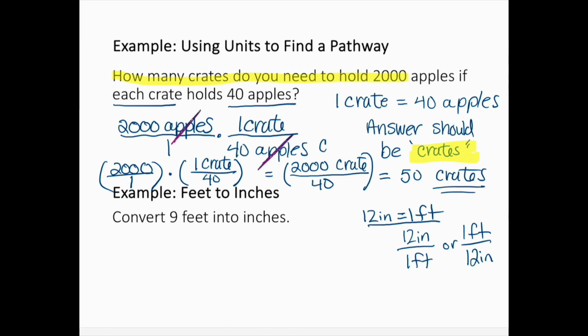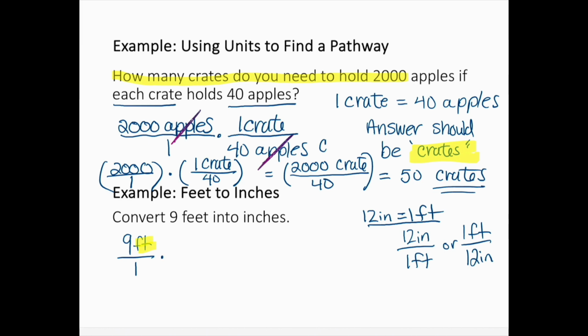So since we're starting with 9 feet and we want to convert it to inches, I'm going to put 9 feet over 1. It seems like a silly thing, but it's really important that you put feet in here so that you keep track of where you're supposed to be putting what, if it's in the denominator or if it's in the numerator. If you forget that feet there, it's going to make it hard to tell, and then you might end up using the wrong conversion factor.